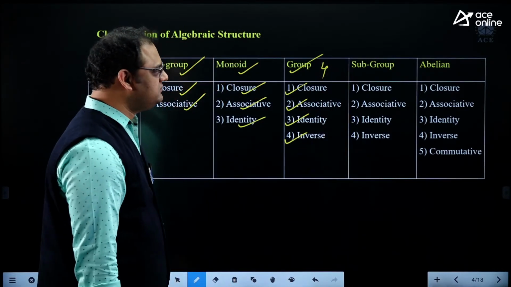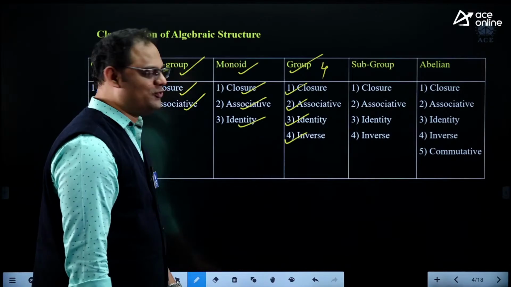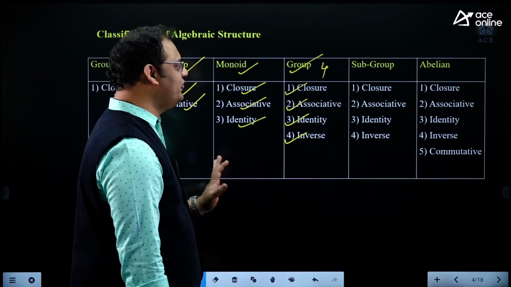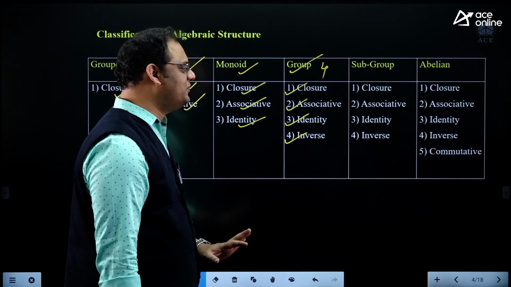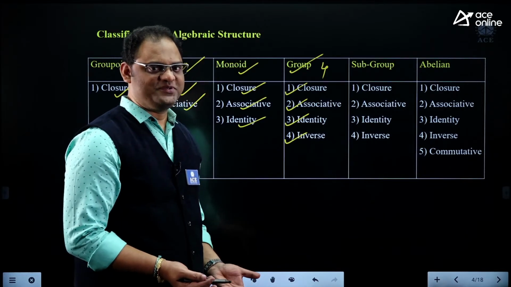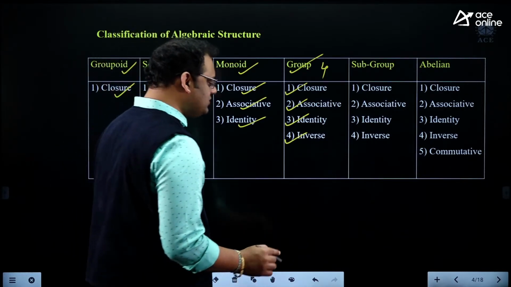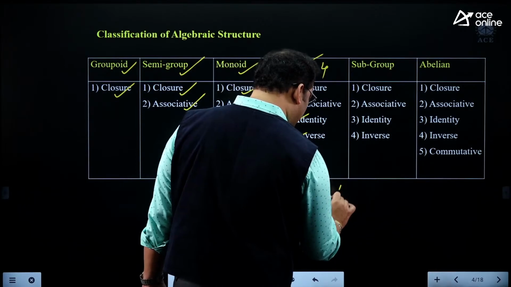Fine. And next coming to subgroup. Subgroup is also a group and it is nothing but simply a subset actually. Let us suppose the set of real numbers R is here.